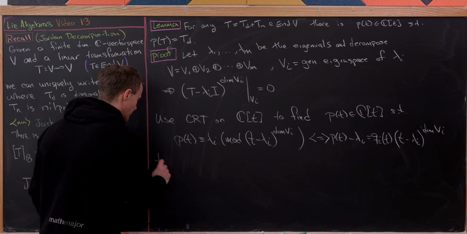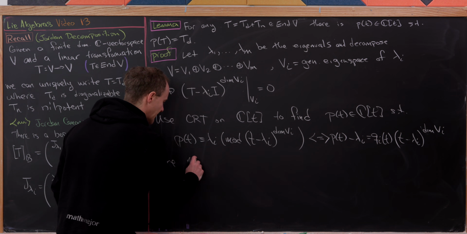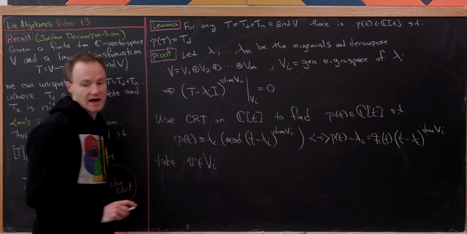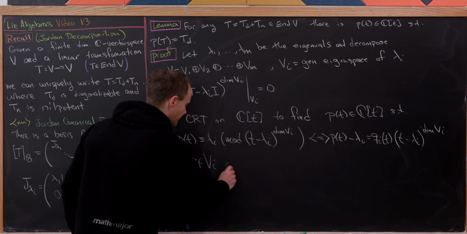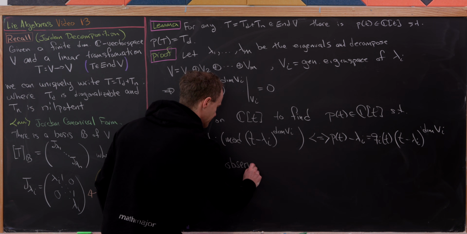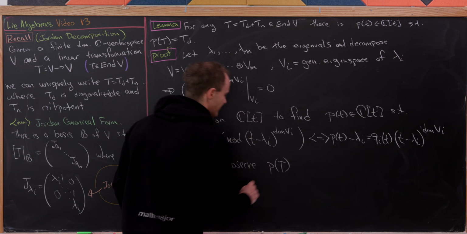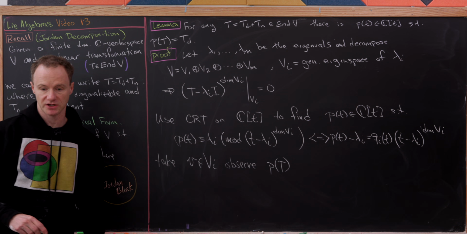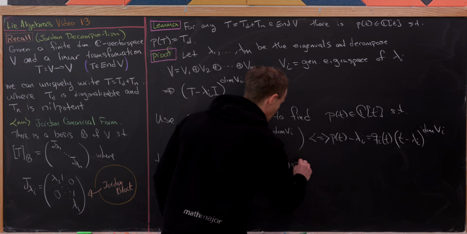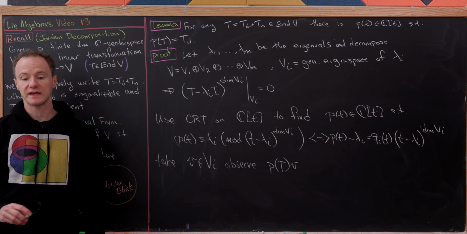So next up, we want to take a vector v in Vi and observe the following. If we take P, evaluate our linear transformation, and hit it on v, what will we get?